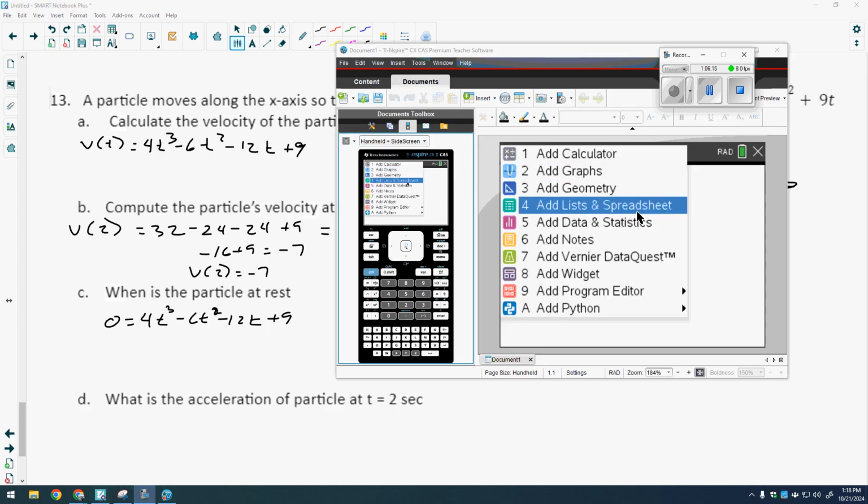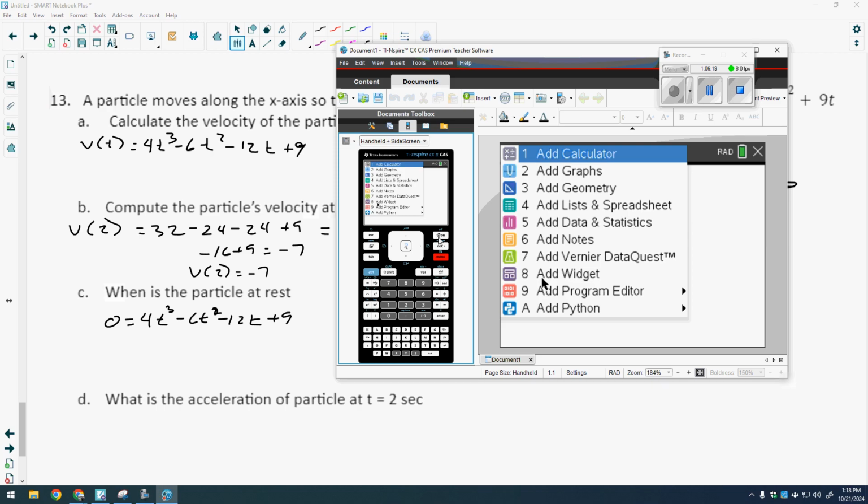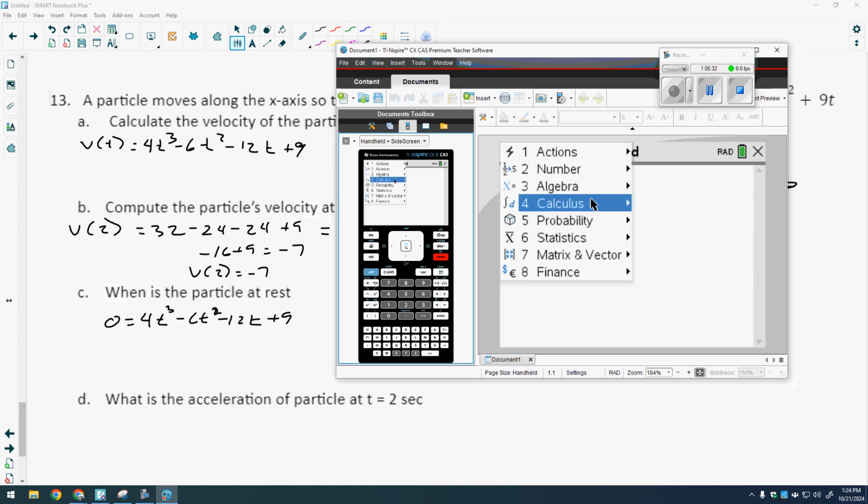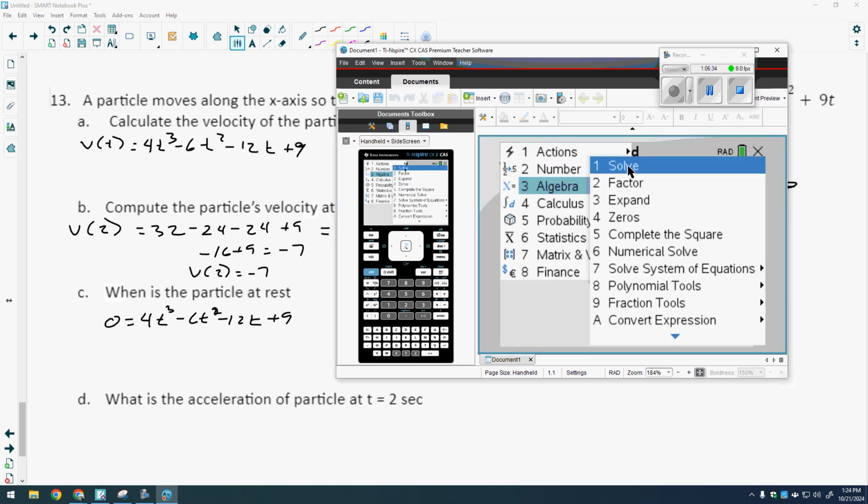All right, so using our calculator, we're going to go to the home screen, then to menu, then algebra, then solve.